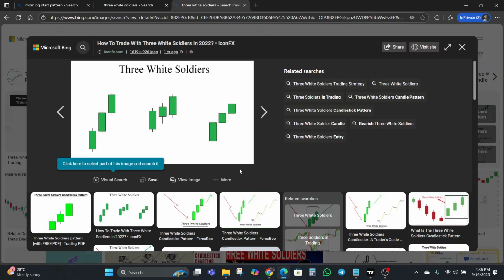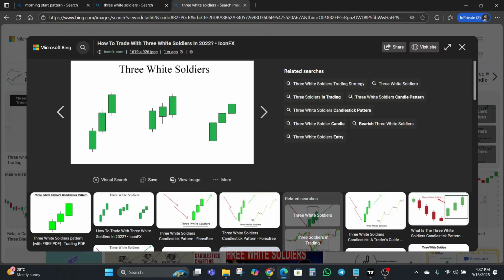Each candle closes higher than the previous one, a series of higher highs, with small or no wicks. You might see small wicks or you might see no wicks at all, whichever one. So this shows consistent buying pressure and is often a strong signal of continued upward momentum.